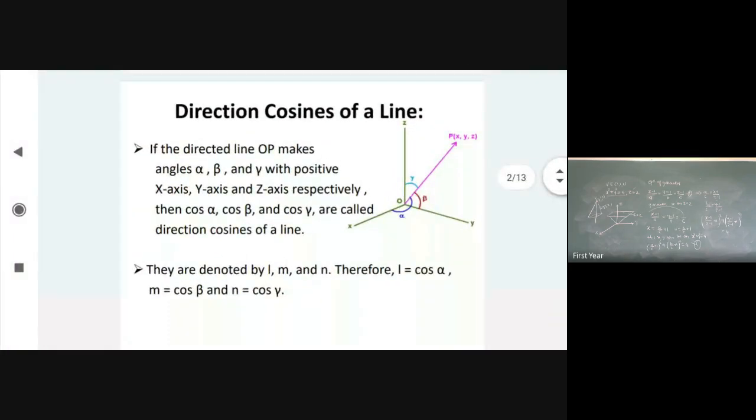Direction cosine of a line. Suppose a line OP makes angle alpha, beta, and gamma with positive x-axis, y-axis, and z-axis. Then cos alpha, cos beta, and cos gamma are called direction cosines of a line, which are also denoted by L, M, and N. Therefore, L is equal to cos alpha, M is equal to cos beta, and N is equal to cos gamma.